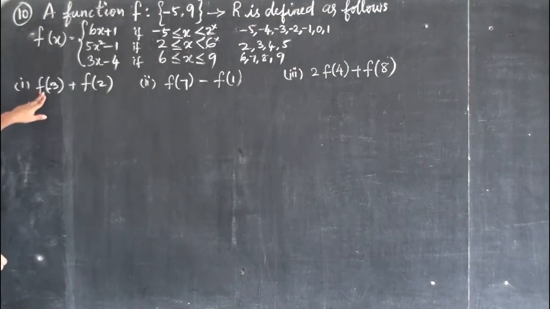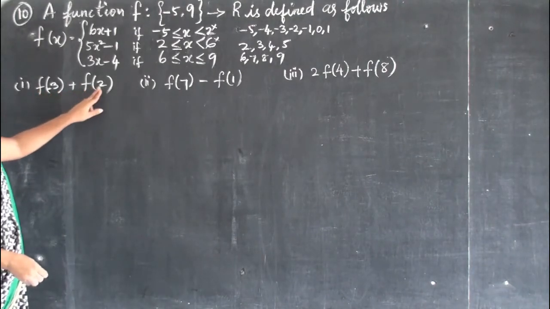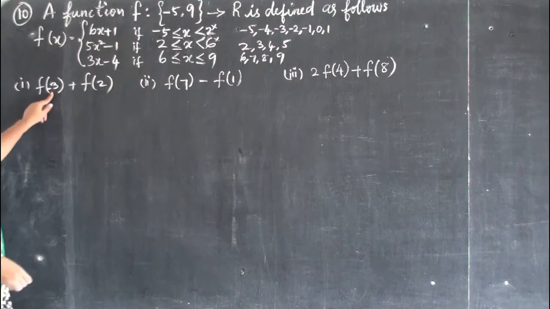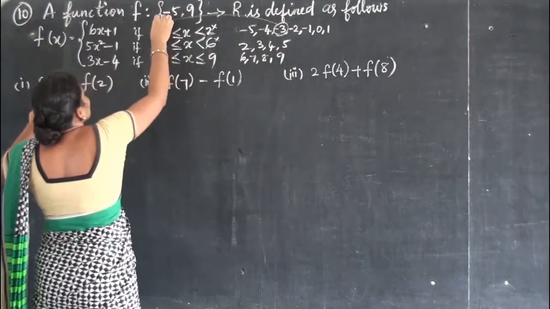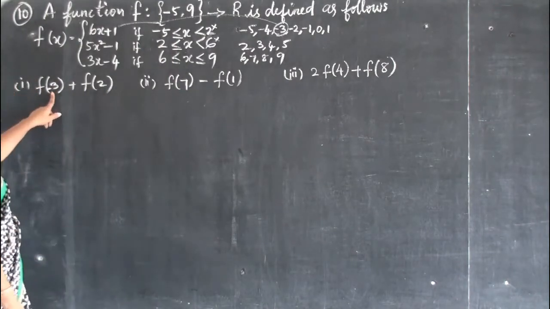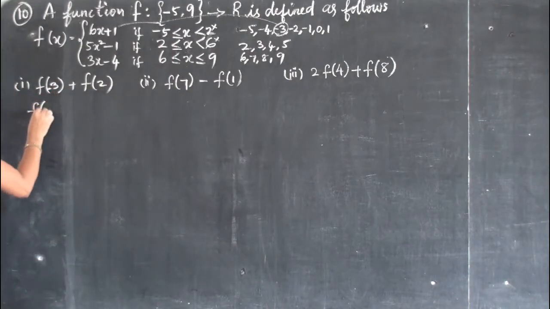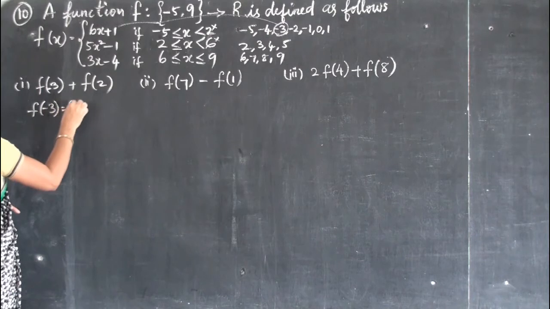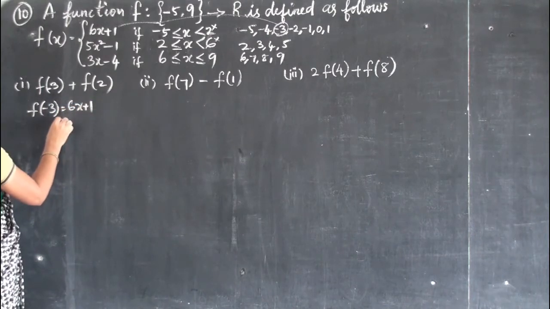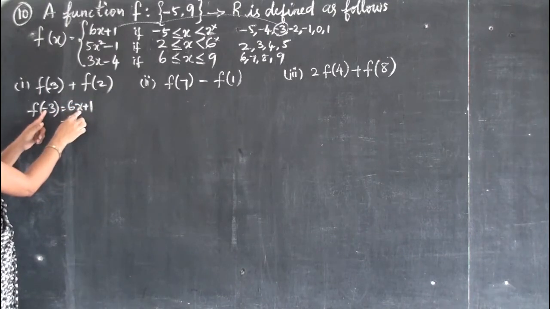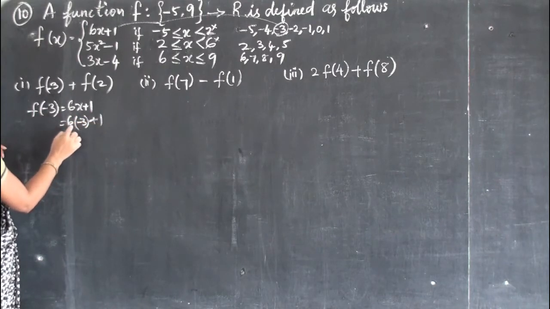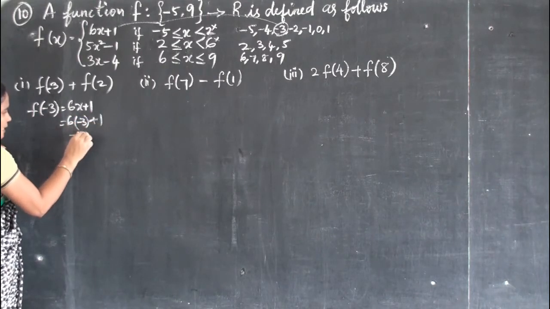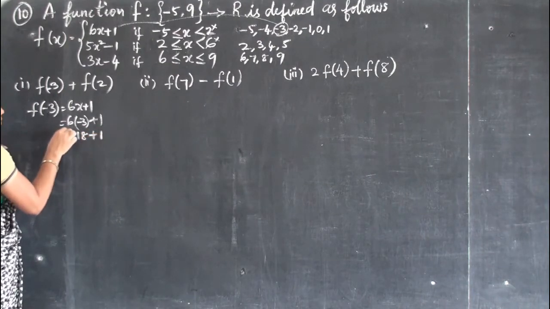That is find f of minus 3 plus f of 2. Where minus 3 applies in the first equation. So 6x plus 1. So f of minus 3 is equal to 6x plus 1. In the place of x, write minus 3, plus 1. 6 3s are 18, that is minus 18 plus 1.